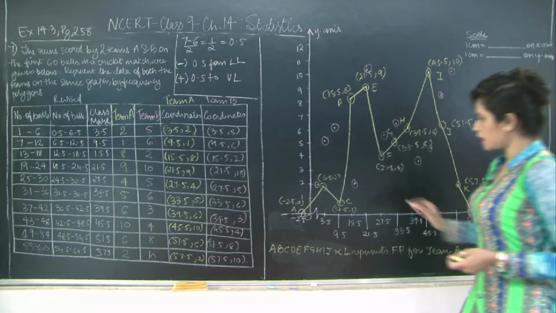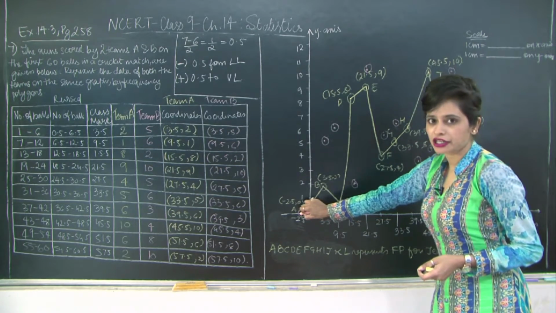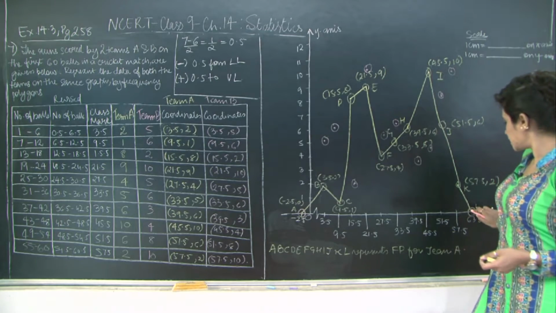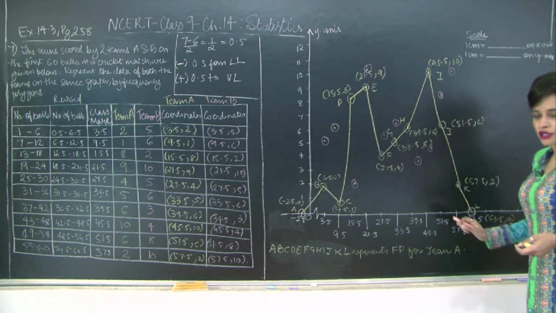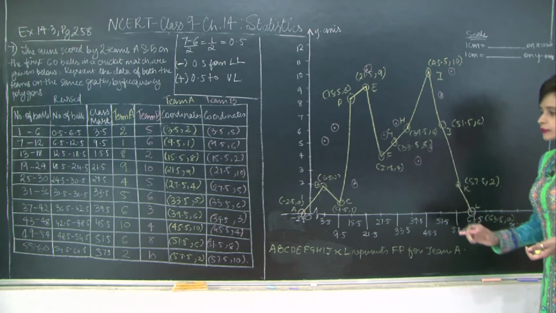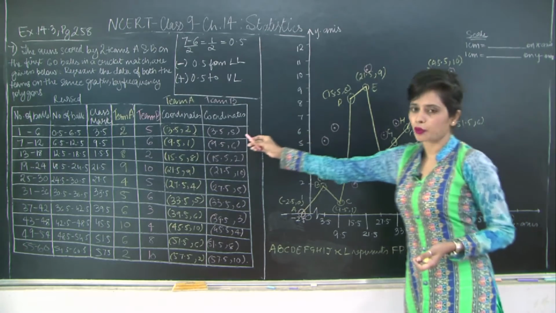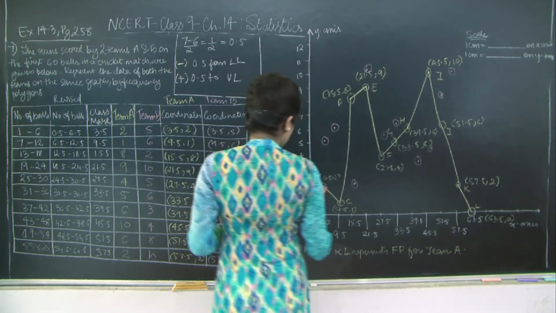So I'll start. See, here we've already marked minus 2.5 comma 0 and 63.5 comma 0. These are going to be the same for both the frequency polygons. So I will start with 3.5 comma 5. Let's get started.